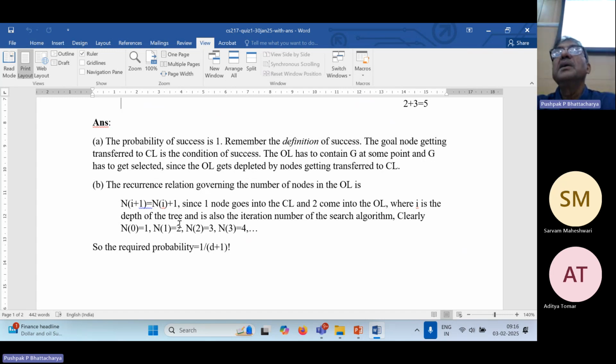So the probability of expanding a node at depth i, given its parent was expanded at depth i minus 1, is the only relevant probability. And that's uniform. Now this is how the probability comes out to be 1 by (d plus 1) factorial.